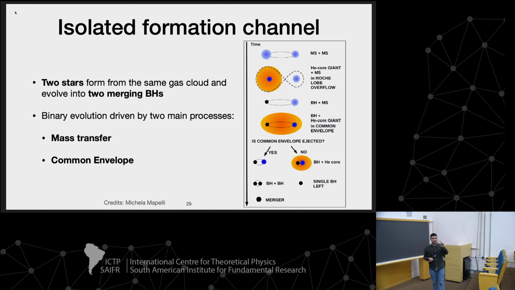You can do that in the dynamical formation channel that I'm going to explain in a few slides, because you need your binary system to interact with another body. So in this formation channel, we are considering two binary systems just interacting with each other. We are not considering other interactions.